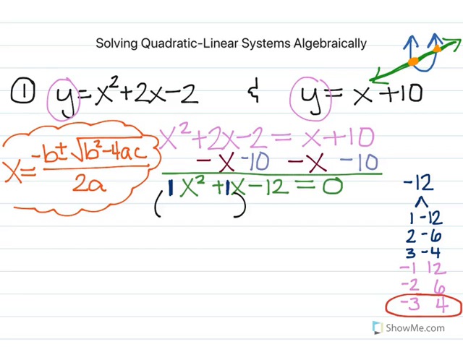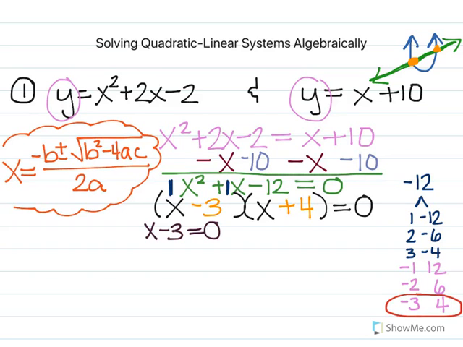We're going to have 2 sets of parentheses equals 0. To break up x squared, we have x and x. And since we know -3 and +4 are the factors that work, those go in the parentheses. After you have factored, you are going to set each factor equal to 0. So you have x minus 3 equals 0, or x plus 4 equals 0.